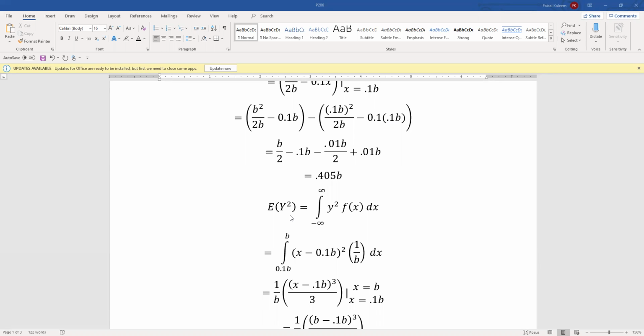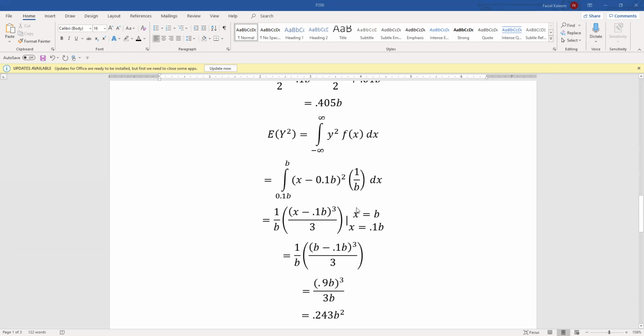Remember, we are gearing towards the standard deviation of Y, so that's why we need the E of Y and E of Y squared. So E of Y squared is the same thing. Now we have Y squared integrated against the PDF, and Y between X equals 0.1B and B, Y was (X minus 0.1B) squared. Maybe the easier way to integrate it is not by opening up the square, but just integrate it right away.